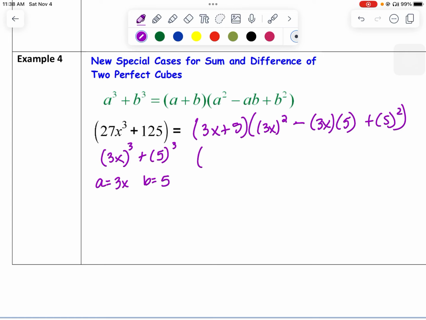And then just multiplying that second piece out, one more time: 3x squared would be 3x times 3x, so 9x squared minus 15x plus 25.